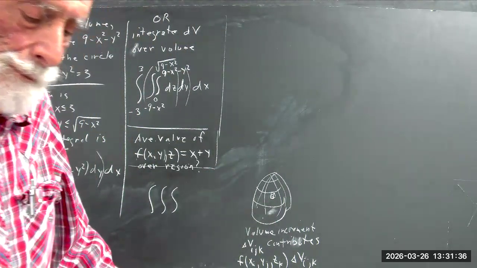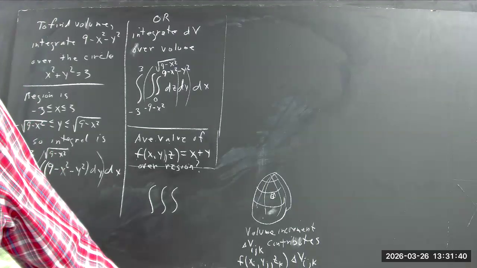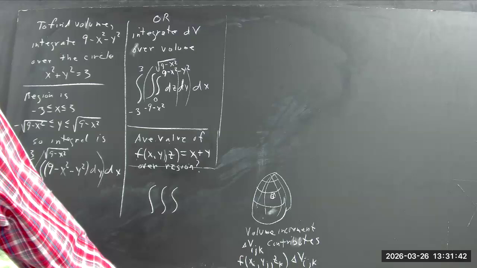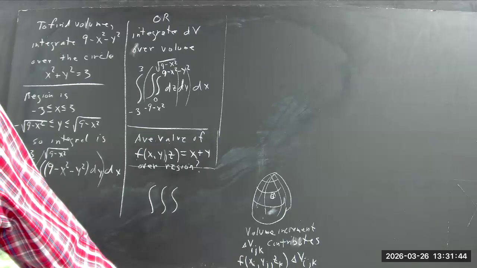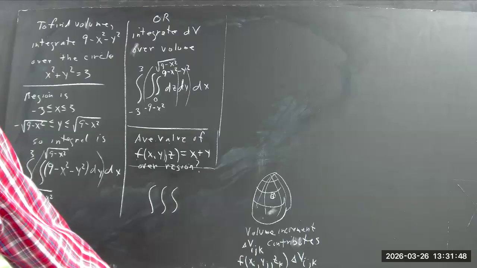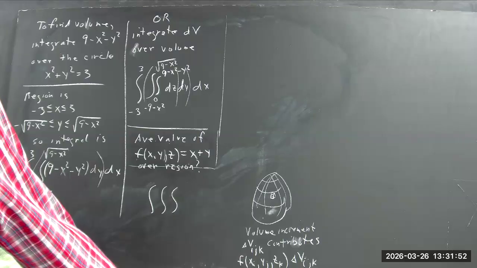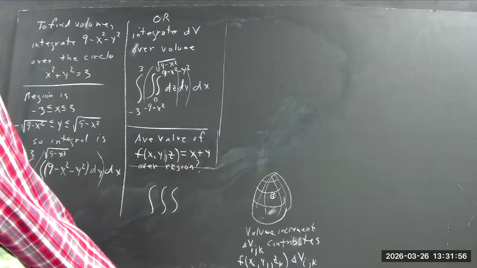Incidentally, in the AI summary from last time, I find that ChatGPT does not want to put ijk subscripts on your volume increment. I think I made a note in there.